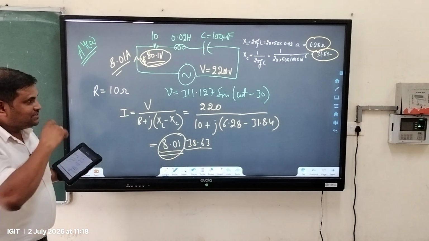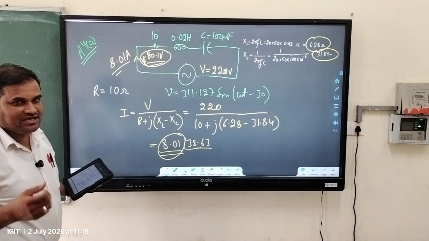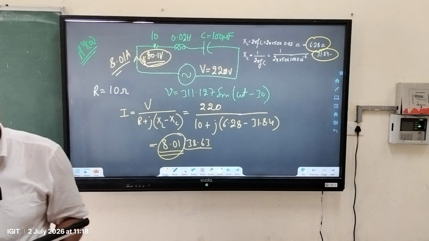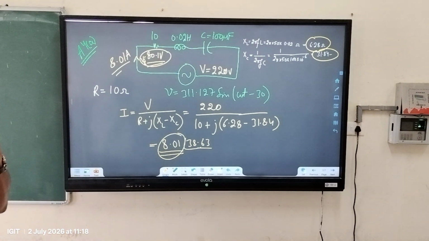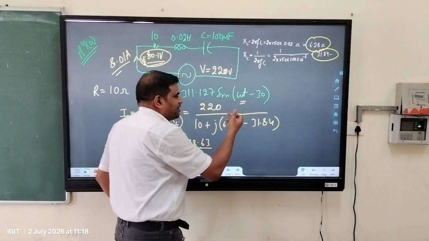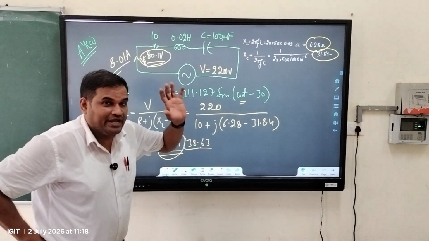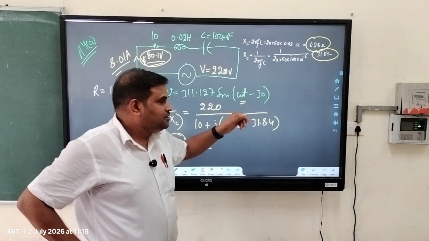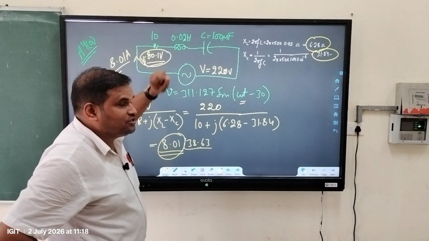The examiner is asking about the same numerical: suppose the input frequency, omega d, is something you are allowed to vary. At what condition will the current through this be maximum?